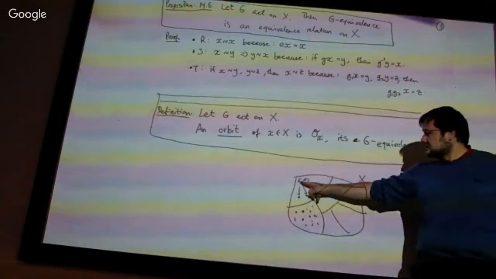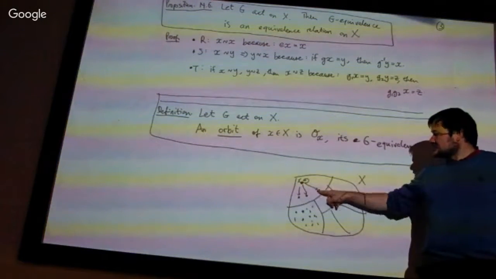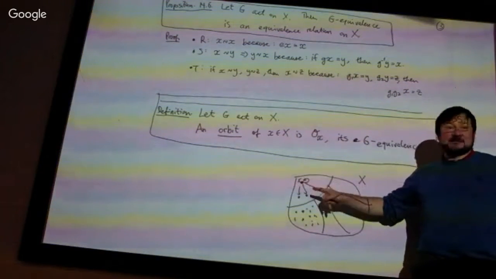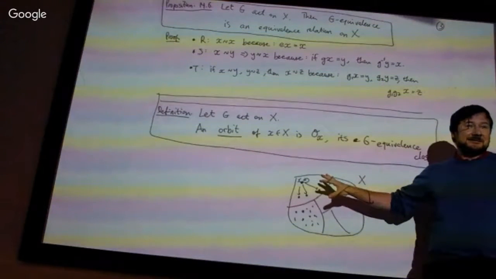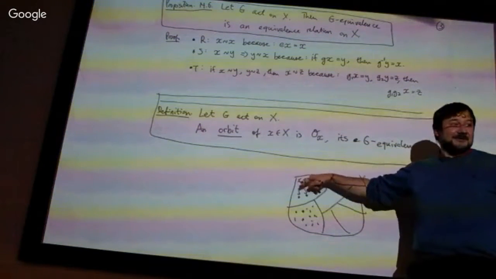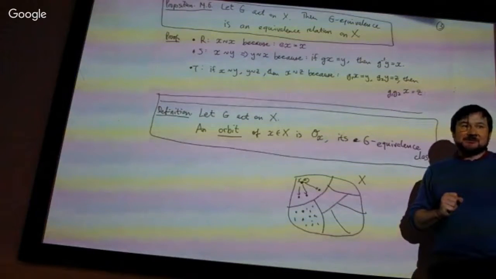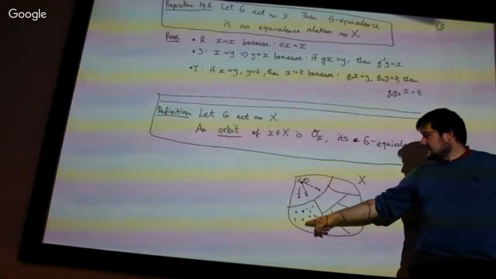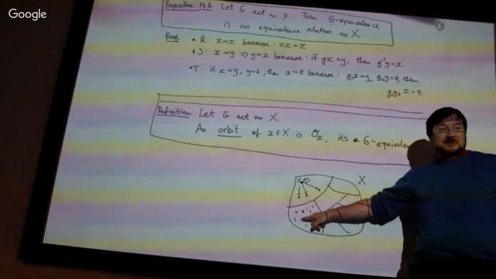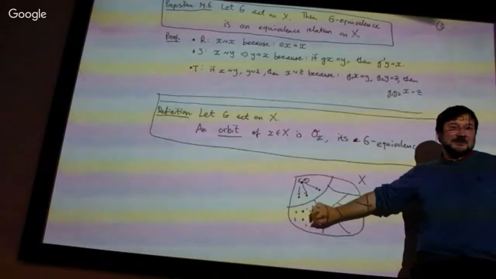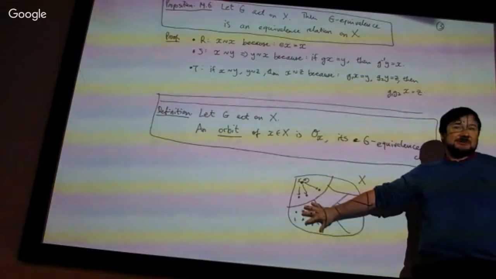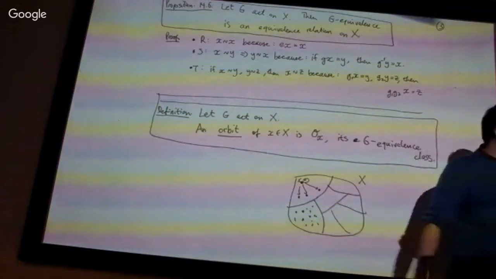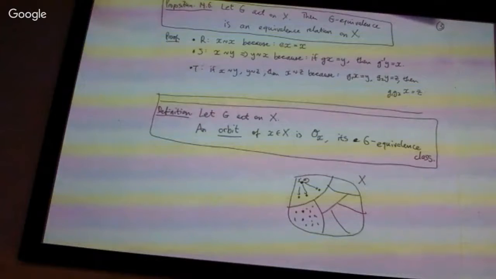So you look at one element of the group, it sends it there, another element sends it there, another element sends it there. But it could happen that there is not just the identity that leaves it in place. There could be many more elements that leave it and don't move it. And in a different orbit, there could be a different set of elements that leave the elements untouched. Okay, so we're going on to prove something, I think.